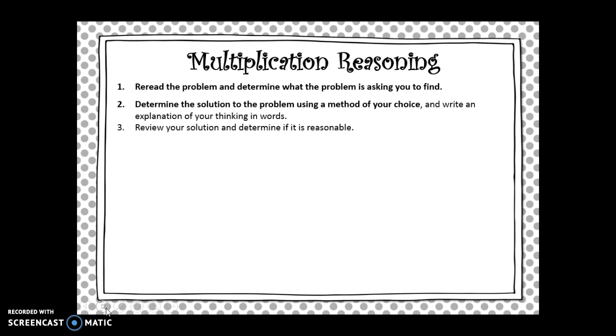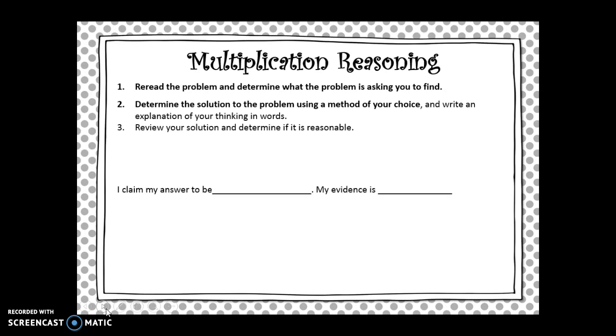Remember, our steps are to reread the problem and determine what the problem is asking us to find. Then we found the solution to the problem using a method of our choice. Remember, I used the area model. Now I have to write an explanation of my thinking in words.